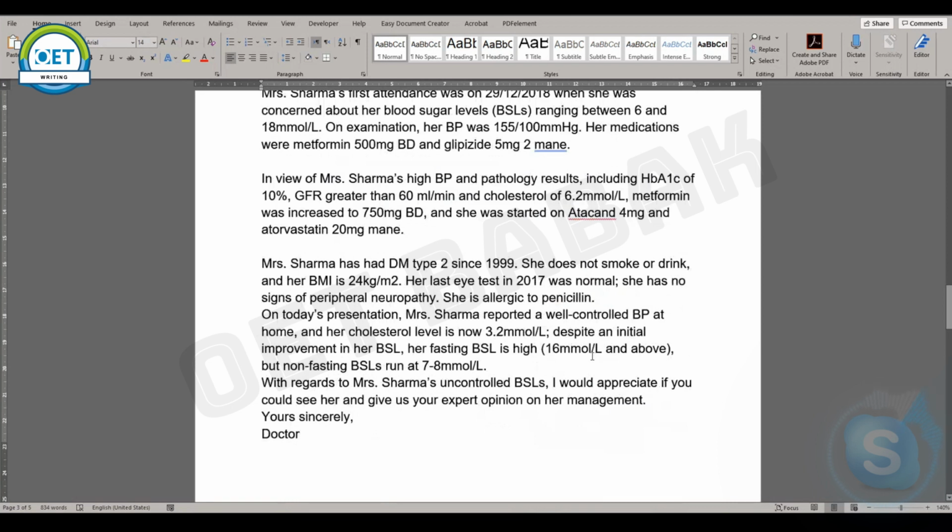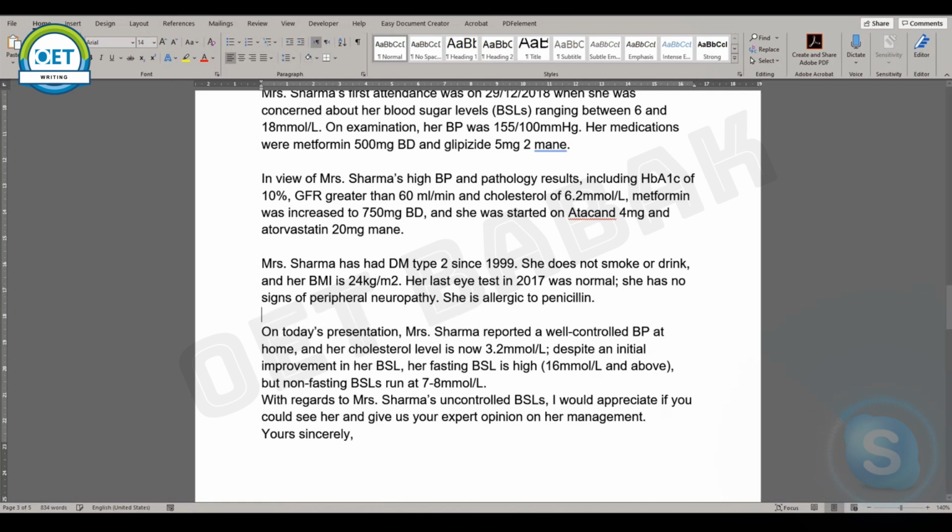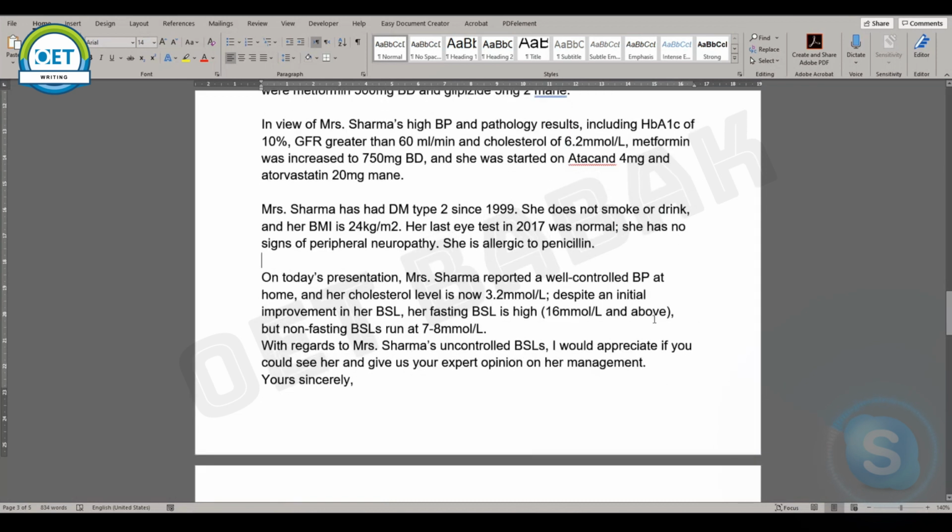Mrs. Sharma has had diabetes type 2 since 99. She doesn't smoke or drink. Her BMI is 24. Her last eye test in 2017 was normal. She has no signs of peripheral neuropathy. She is allergic to penicillin." There's no need to write everything that is normal.